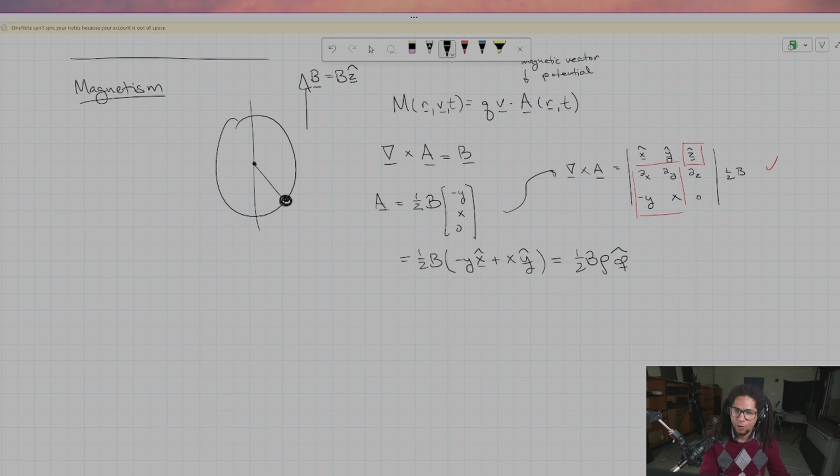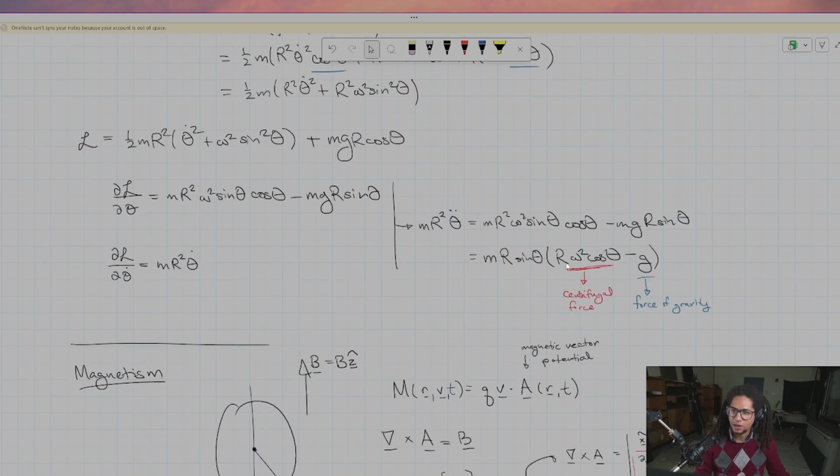Okay, so now what is my M term in this case? So M will equal, just to be clear, this has charge q and mass m. So M is q times r dot, we'll get to that in a second, dot 1/2 B rho phi hat. Okay, that means that I just need to find the phi coordinate of r dot, because I'm taking the dot product with a phi hat parallel vector.